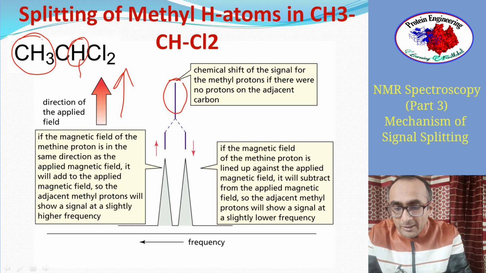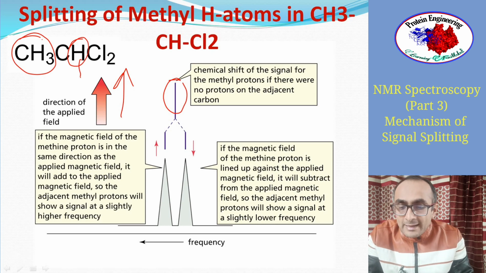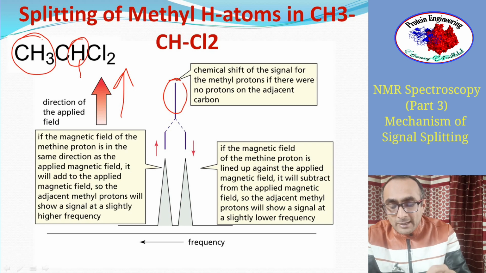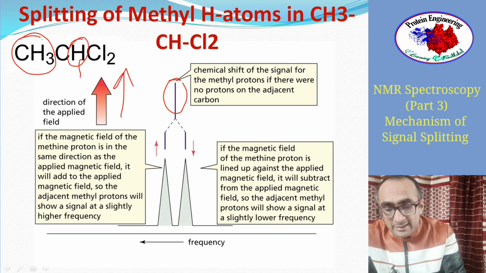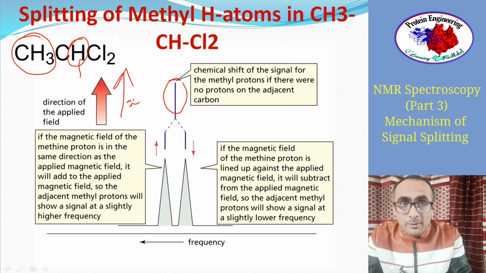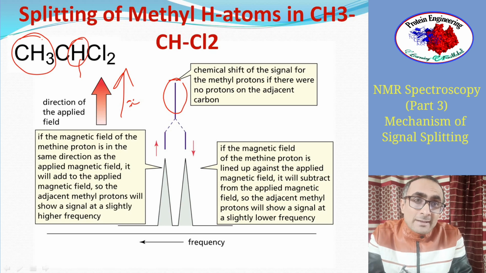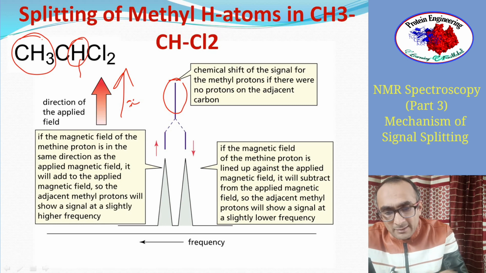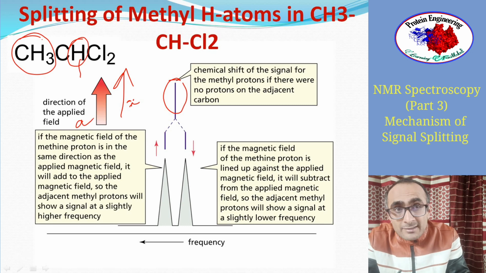So if the magnetic field of the methine proton is in the same direction as the applied magnetic field, it will add to the applied magnetic field. Because if the outside magnetic field is X, the value X is what we are applying from outside, and the single proton from the CH group is aligned in the same direction, its magnetic field is also aligned in the same direction, and that value is say A. A is the magnetic field created by the CH proton.